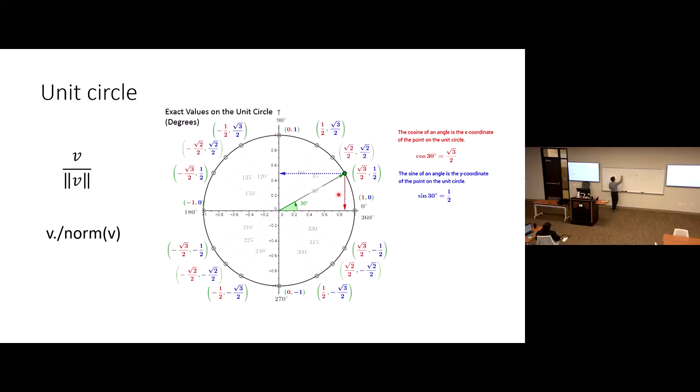So if I decide to use this pair, basically I select this as my x-axis, and this as my y-axis.